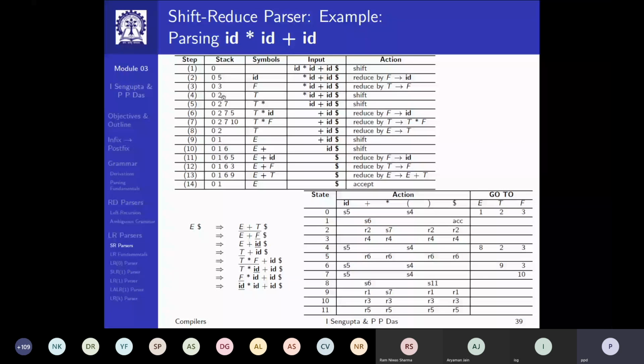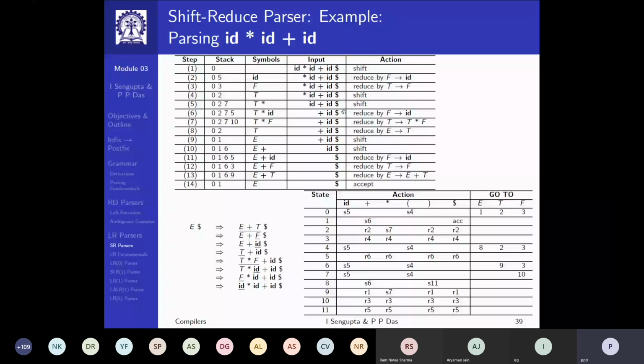Then I have 2. So I have come to T star ID plus ID. I've come to this sentential form. Then I have 2, I have star, which is S7. So star comes in from input, it is a shift. Star comes in, state changes to 7.